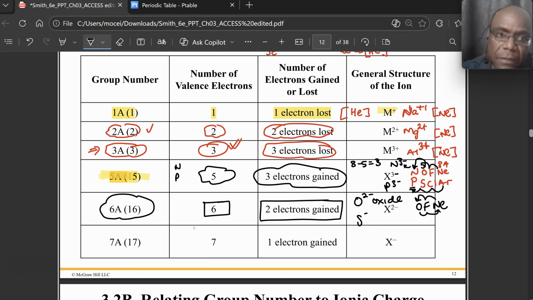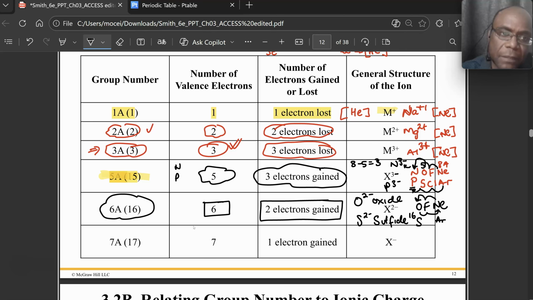Same thing applies with sulfur, which gives you S2 minus to form a sulfide. Sulfur is here, argon is here.